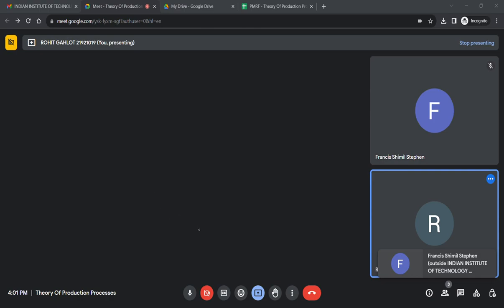Now coming to the top riser. I'm skipping the basics. I'm just writing the formulas because everything else has already been covered. So this is taken for the top riser.